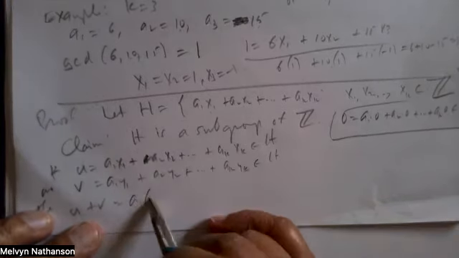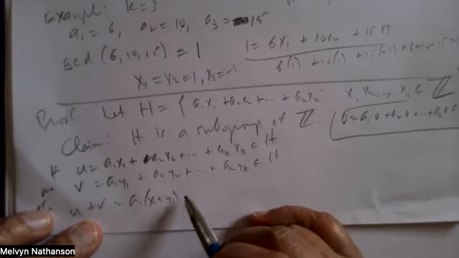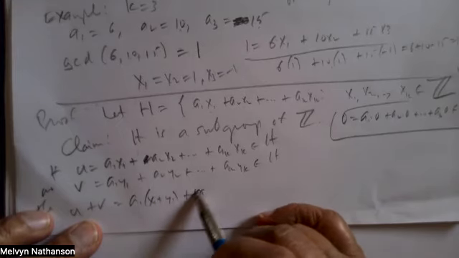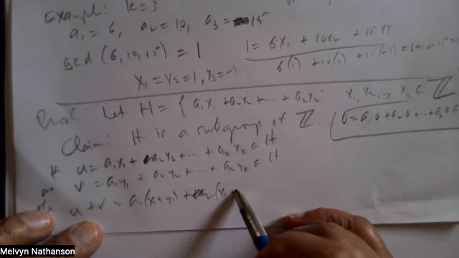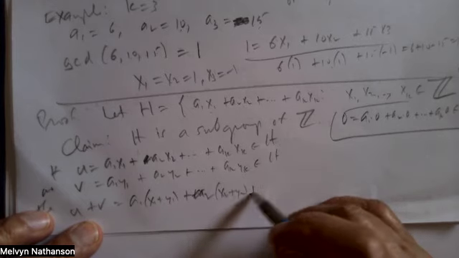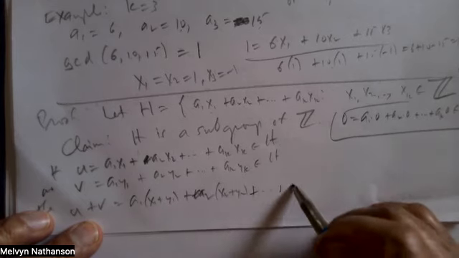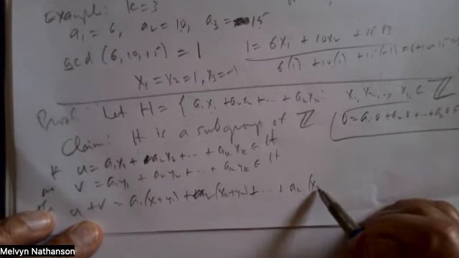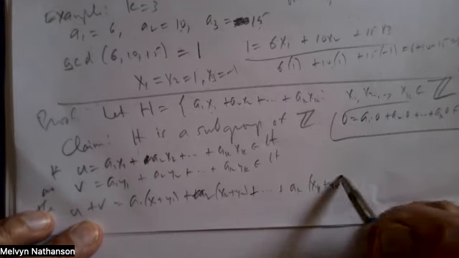I get A1 times (x1 plus y1), plus A2 times (x2 plus y2), plus Ak times (xk plus yk).